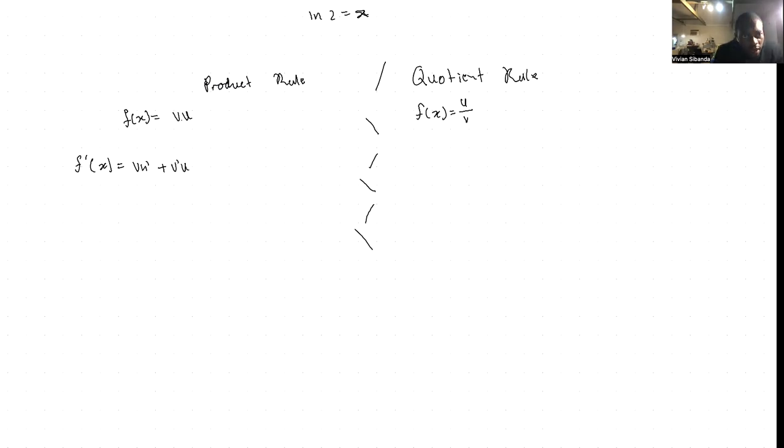So that's the simple rule, but how do you actually apply this rule and how do you get there?